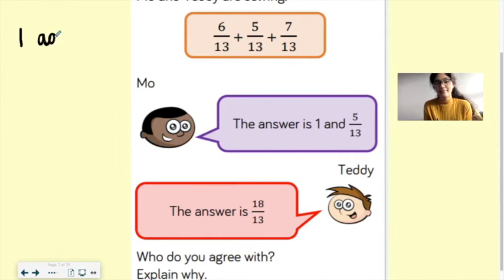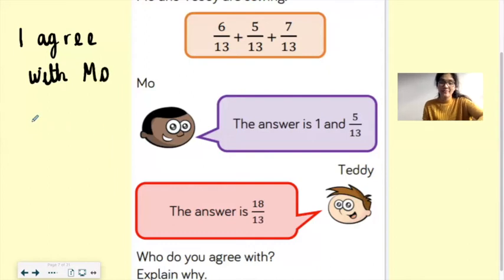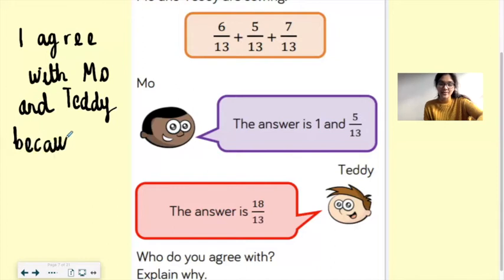Let's have a think. I agree with Mo and Teddy. What a twist, boys and girls, because, let me just write my because.